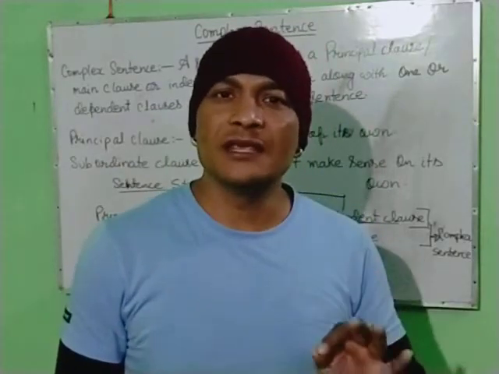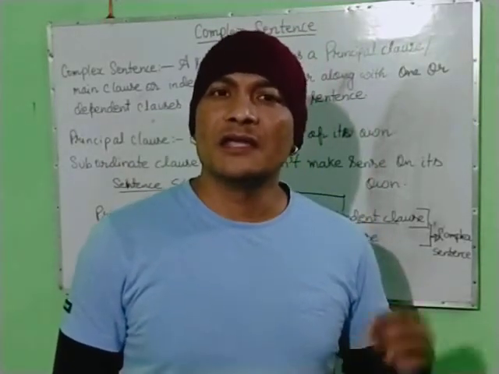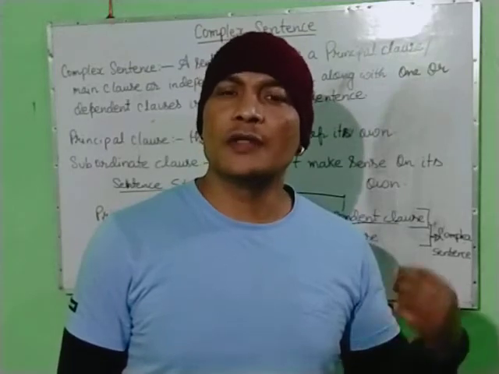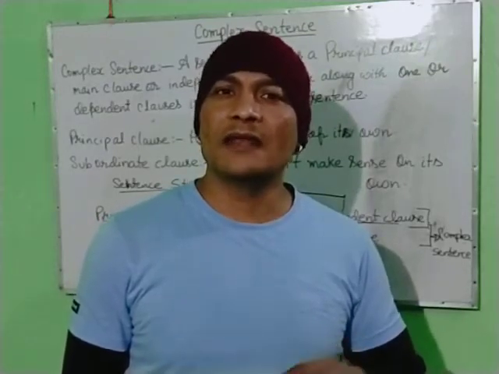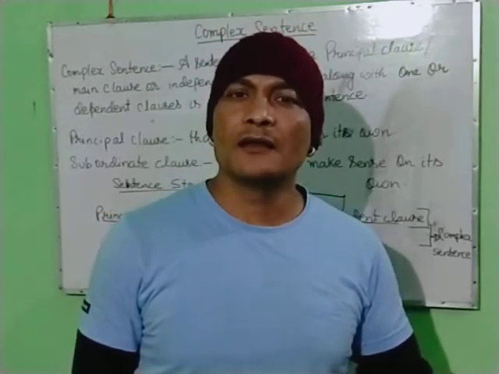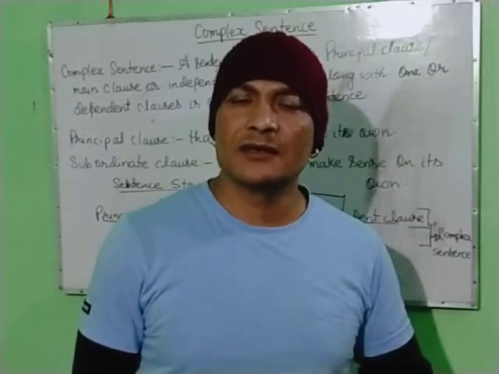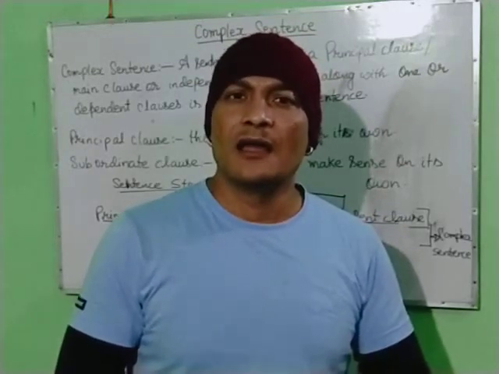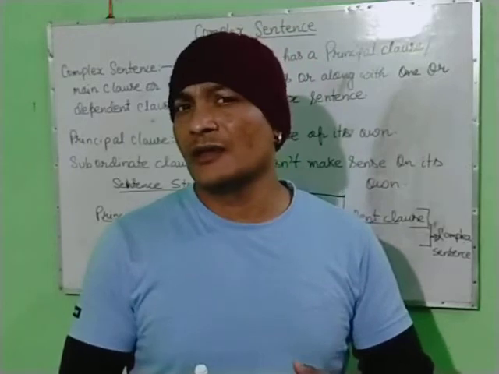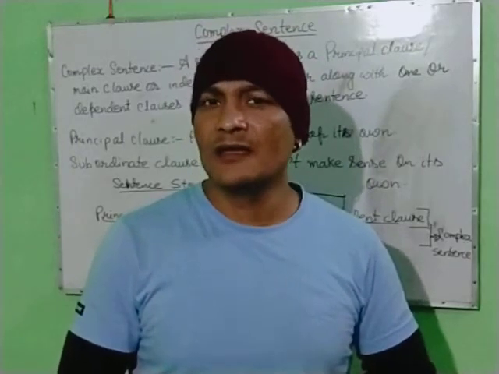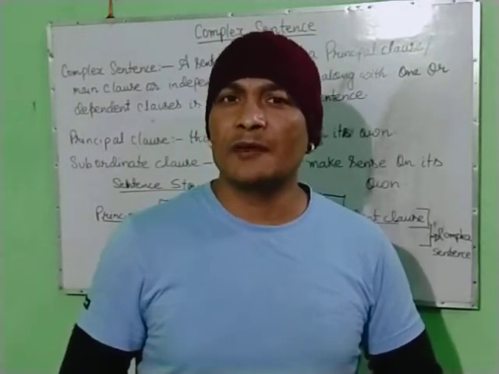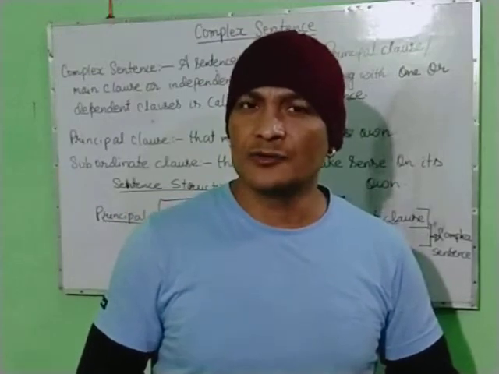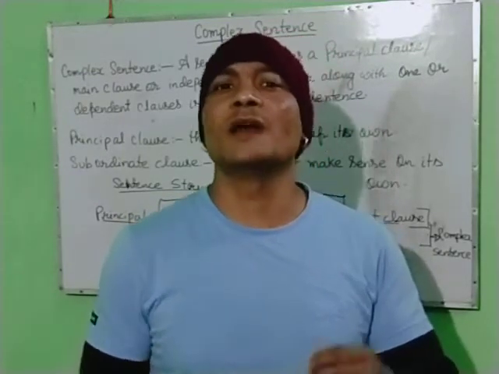So we will see some examples. Through those examples we can understand more about what a complex sentence is, how it is formed, and how it can be identified. So let us begin with some examples.